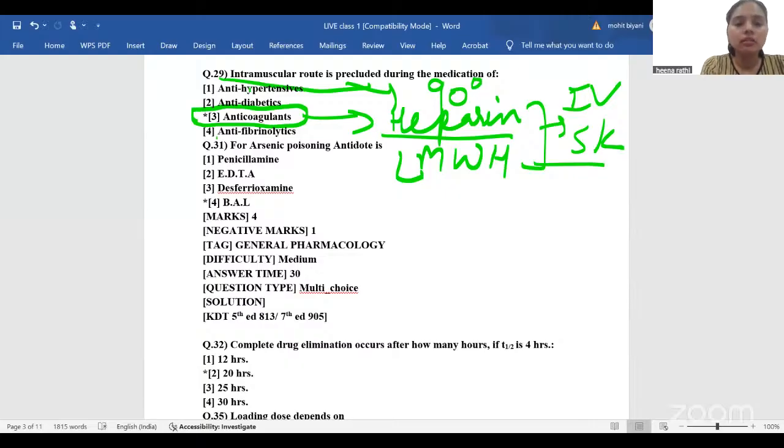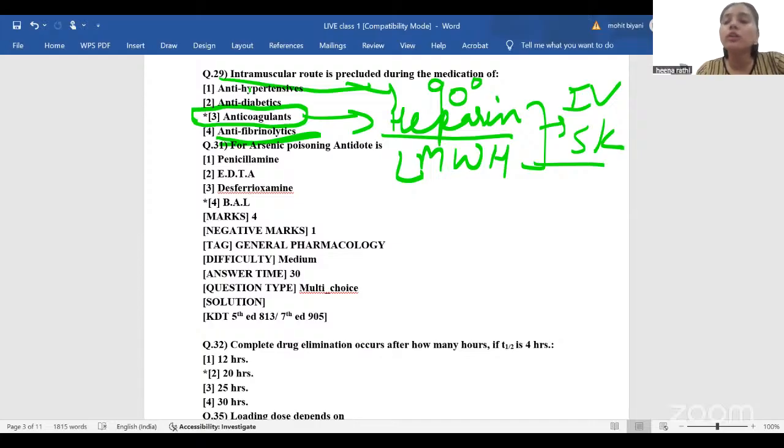Another option is the antifibrinolytic drugs. Antifibrinolytic drugs are those drugs which reduce the lysis of the fibrin. Fibrinolytics are those drugs which lyse the fibrin.